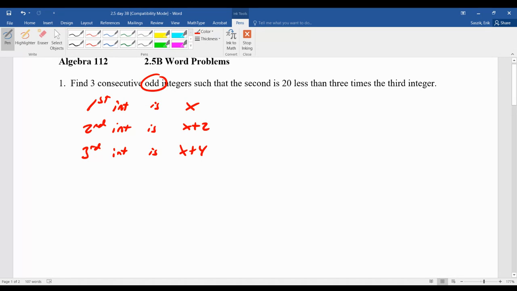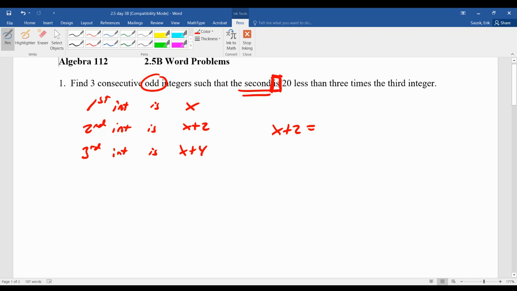This equation is a little bit tougher, though. We've got to translate this phrase into an equation. So watch this. Find three consecutive odd integers such that the second integer, what do we call that? x plus 2, is, I hope you guys remember that is means equals. Now, 20 less than, is that 20 minus something or something minus 20?